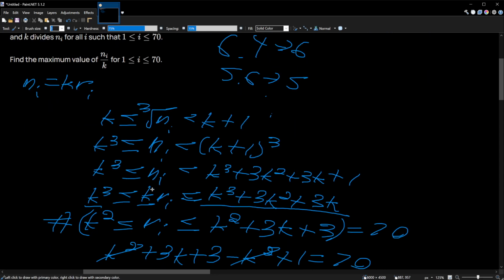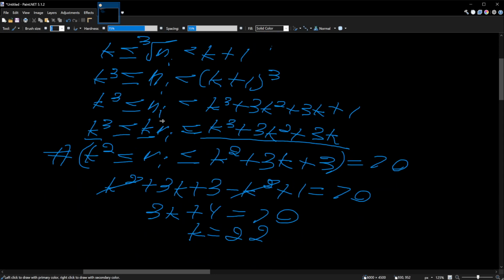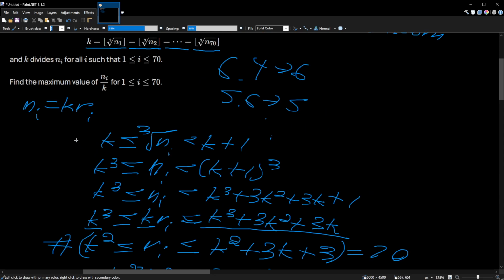Now our maximum value of n sub I over k, here's our r sub I, which is n sub I over k. Oops, that looks like a factorial. Oh well. That's a letter I. Let me redo that. Okay.